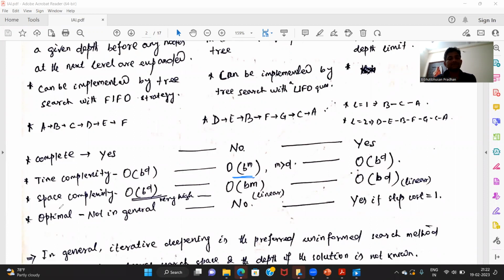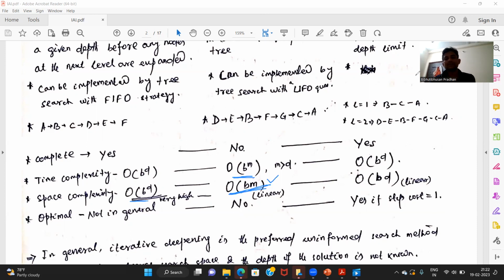If we compare the space complexity, one is exponentially increasing and this is a linear increase in the number of nodes. So definitely this requires very little space as compared to breadth first search. And it is definitely not an optimal strategy as compared to breadth first search.